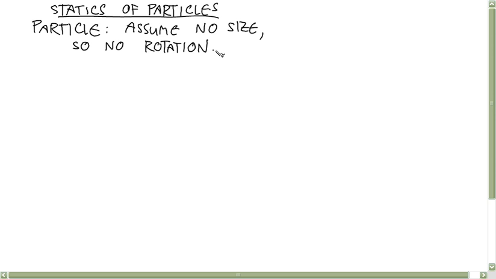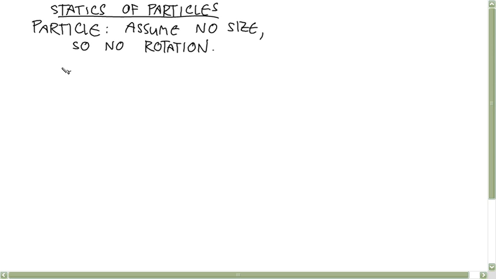And it's not really the object that determines whether you treat it as a particle or as a rigid body. It really is more the application. For example, if you're trying to track the motion of a baseball, you might want to treat it as a particle if you're going to ignore the effect of spinning on air resistance, right?